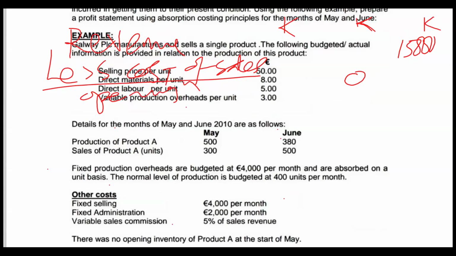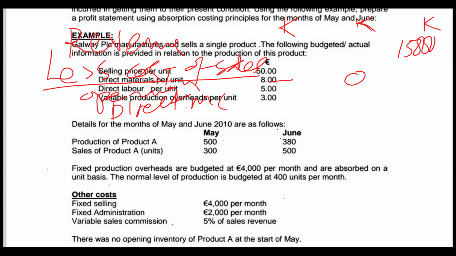And what follows next according to the format? I've just presented the format to you, you have it already, which is a good thing. What follows after opening inventory? Direct material cost. Thank you. Direct material cost per unit is given as 8 here, multiplied by the units that were produced, 500. So 8 times 500.